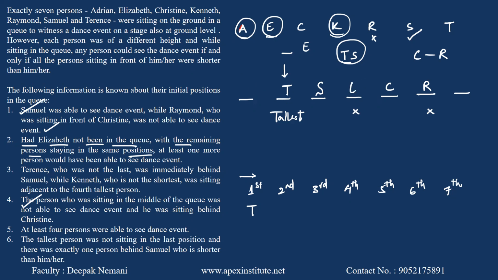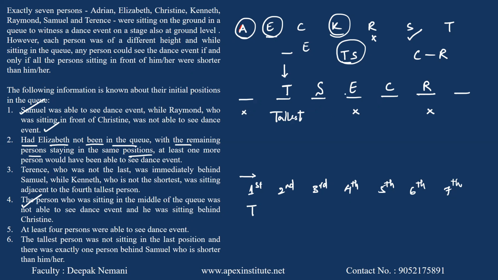Now can we have Elizabeth being here? If Elizabeth is here, and if Elizabeth is taller than Samuel, then you cannot have Samuel not able to see the dance event, because this person cannot see the dance event.